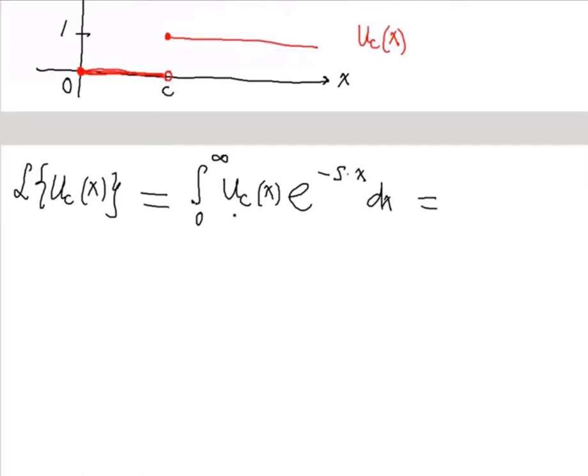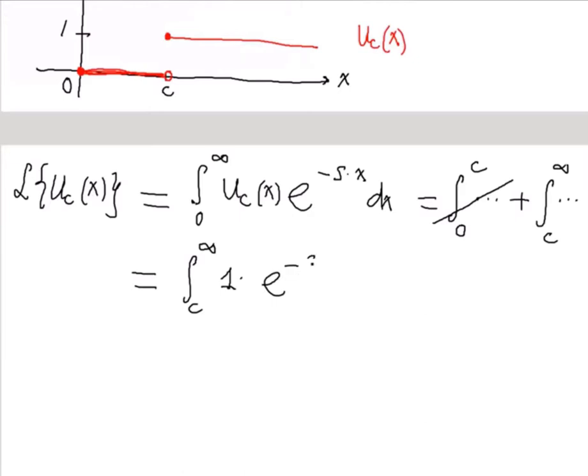Because the function u_c(x) has different formulas, we need to break into two intervals: the integral from 0 to c of the function, plus the integral from c to infinity. Now on the first interval from 0 to c, the function u_c is 0, so it will not contribute to the integral, and we only have the integral from c to infinity, and on that interval u_c is 1. We have 1 times e to the minus s times x dx.